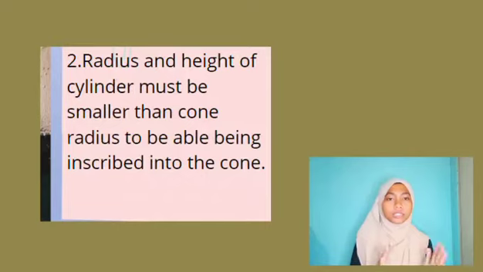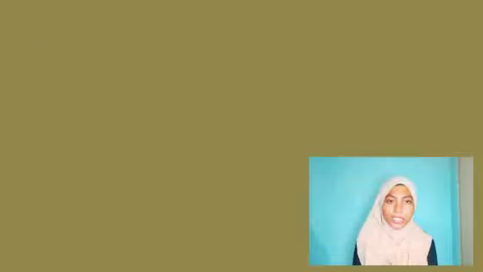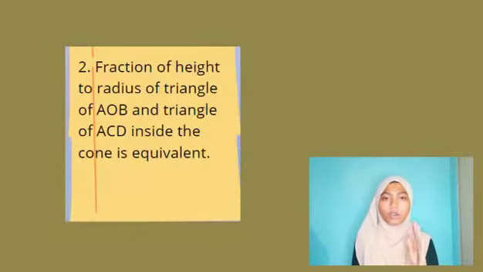The second fact is that the height and radius of the cylinder must be smaller than the height and radius of the cone. So the idea is that the fractions of height to radius of triangle AOB and ACD inside the cone will be equivalent.